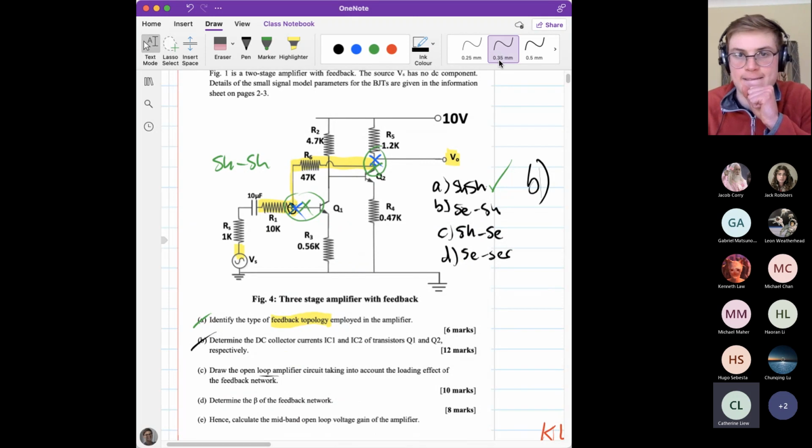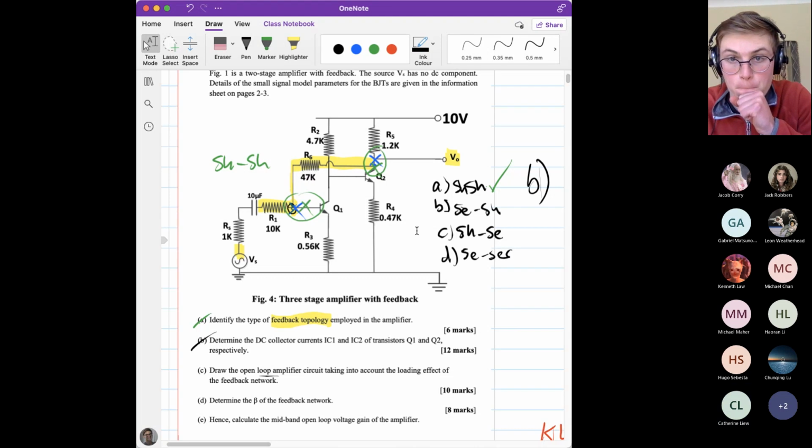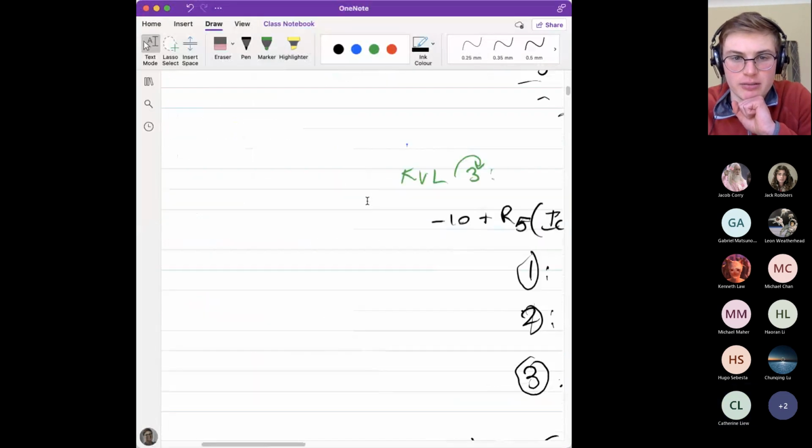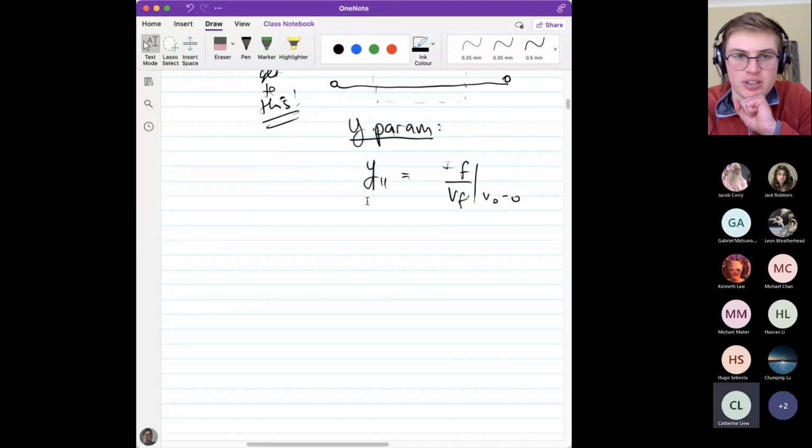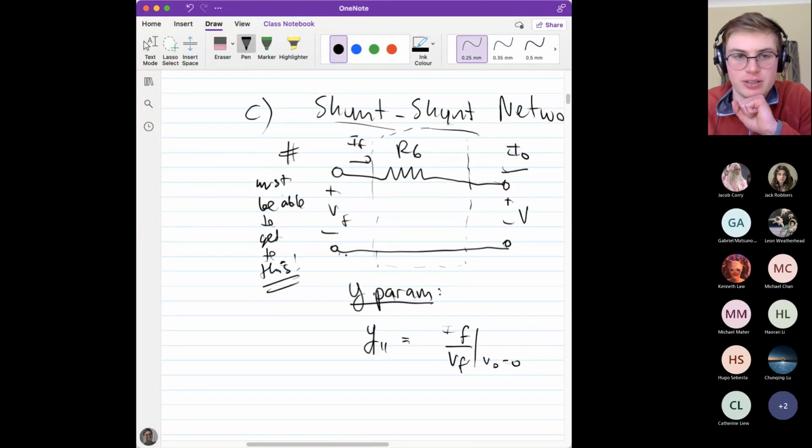Basically, the feedback network has an input and an output, but then there's 4 points in the two-port network. Yeah, it's just ground. This is just the ground point.